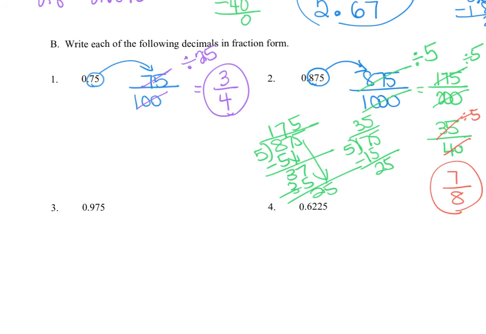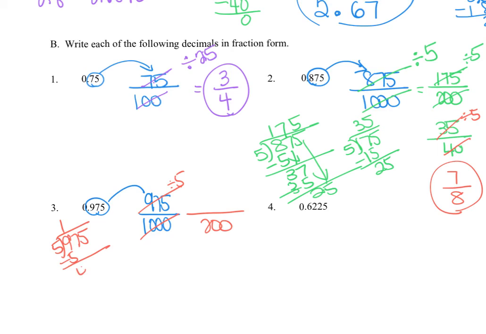All right, so this one is going to be very similar because look at the numbers. We end with the 5. So we know on top we're going to have 975 and on bottom we're going to have 1,000 because, again, three numbers on top, 3 zeros on the bottom. And again, if we start dividing this by 5, we're going to get the 200 on the bottom because 1,000 divided by 5 is 200. And if we do 975 divided by 5, we get 195.